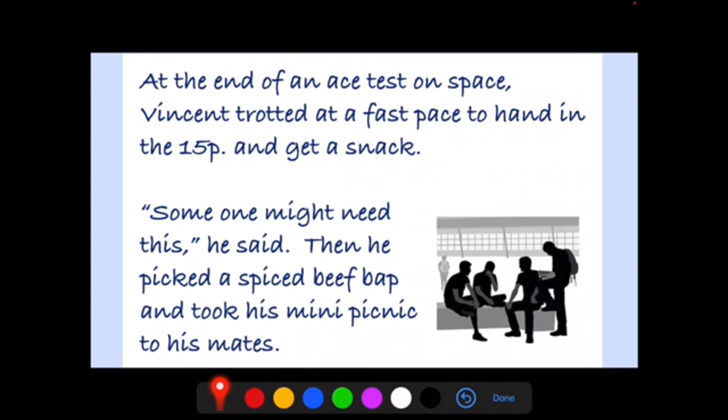Well done. Now, did you notice that when I typed up this version of our story, I didn't say goes, I said trotted, so that we got an idea of how fast he was. Trotted.